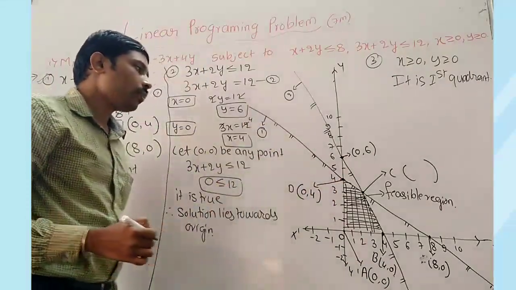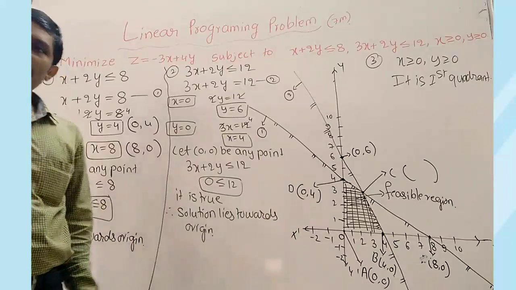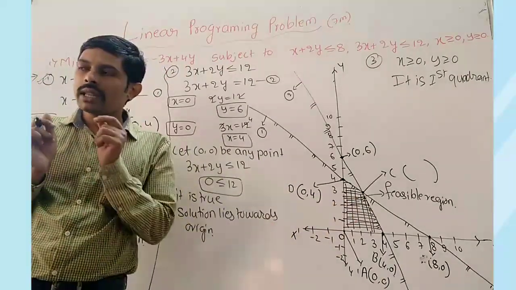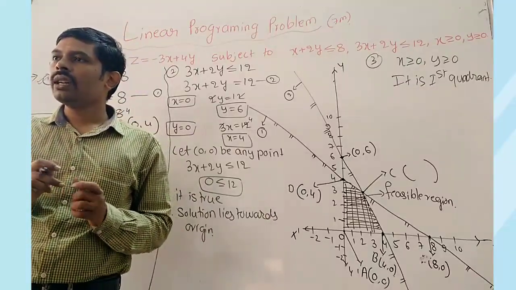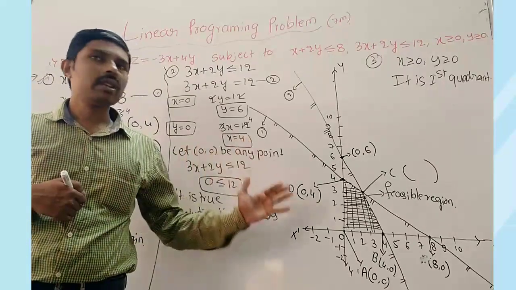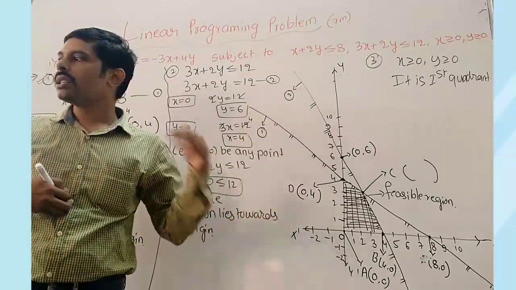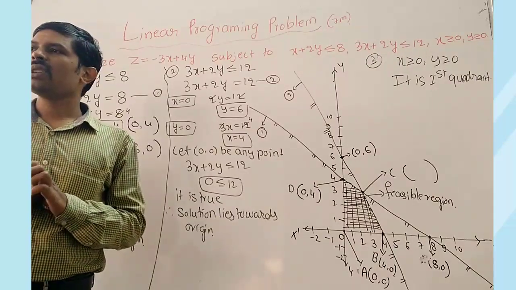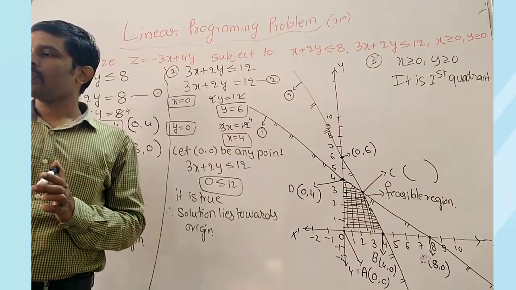Students, if you observe the graph, you can see that the point is 2, 3. But sometimes you will get the correct point, and sometimes you will end up with the wrong answer, because it depends on whether the graph is drawn properly.